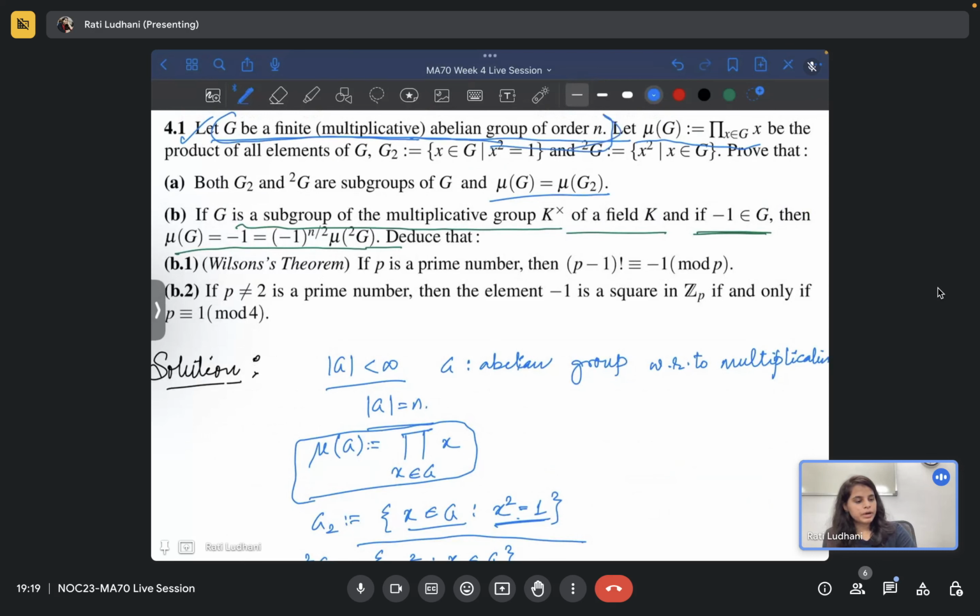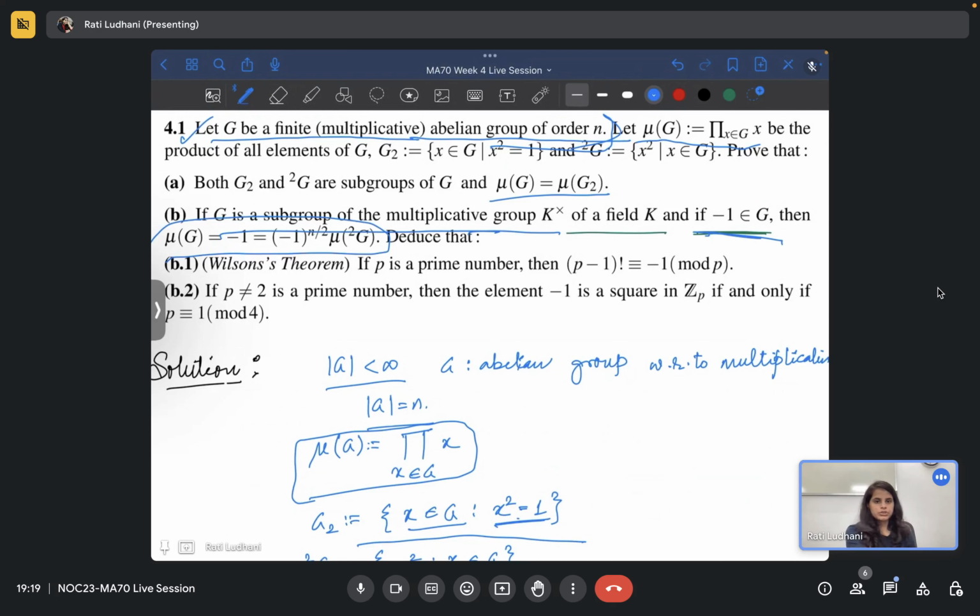Now in the part we have proved that if G has this condition, G is a subgroup of the multiplicative group K star of a field K, and if -1 belongs to G, then we have this condition. So this is true for any field K. If this condition is satisfied for any field K, then we have mu G is equal to -1.